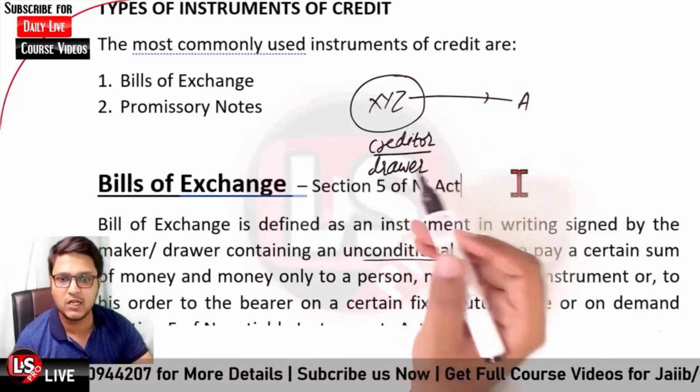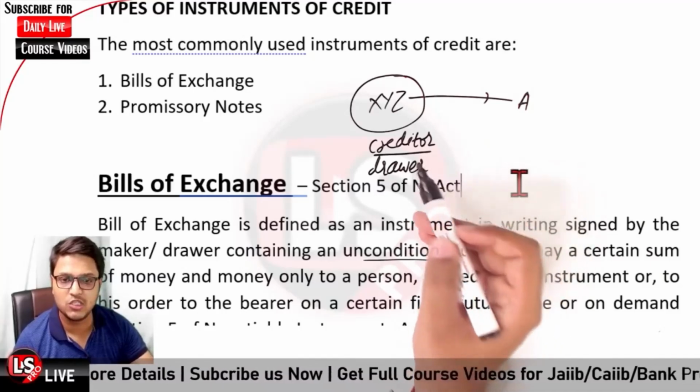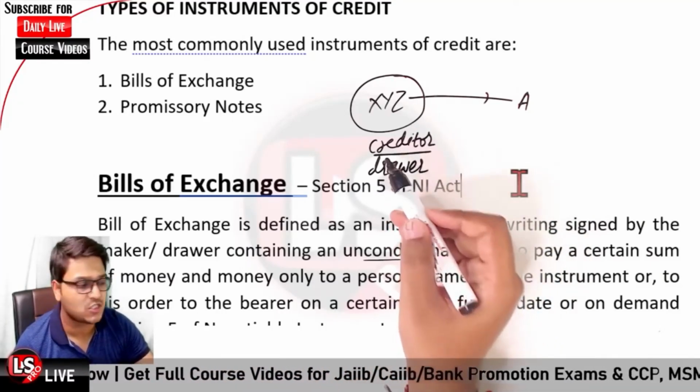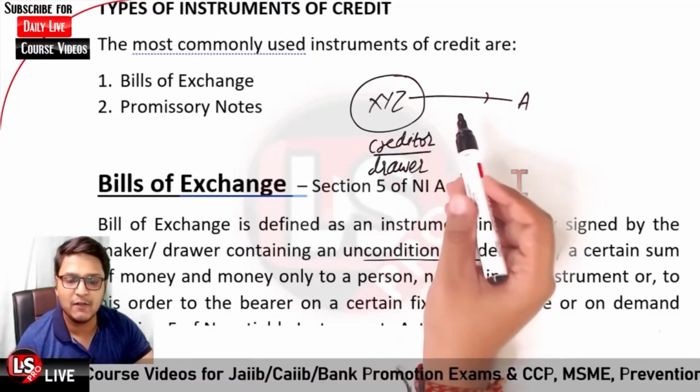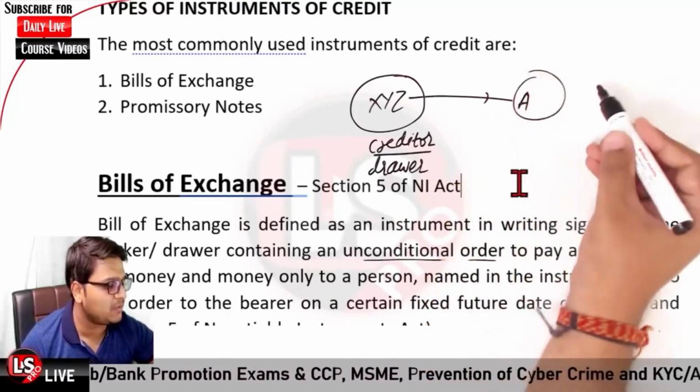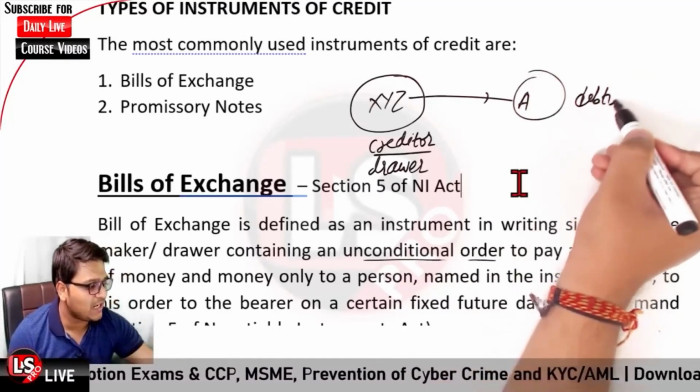We can also say he or she is the maker of the bill of exchange. Now this bill has been drawn and is given to person A, who is the debtor, since the goods have been sold to him on credit.